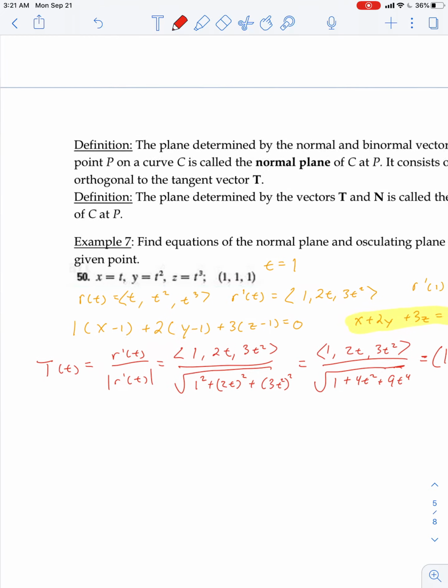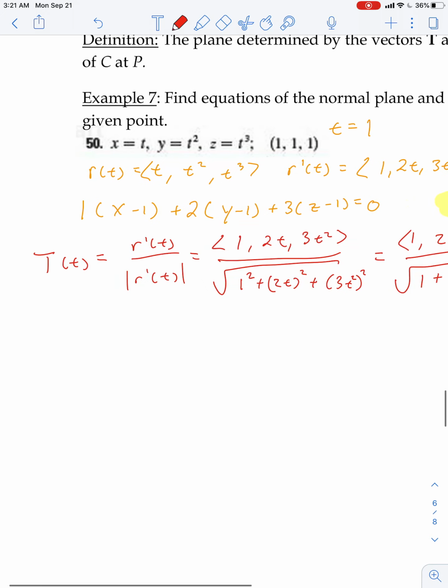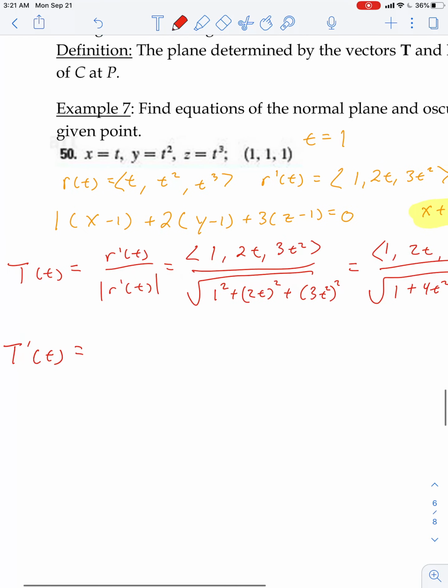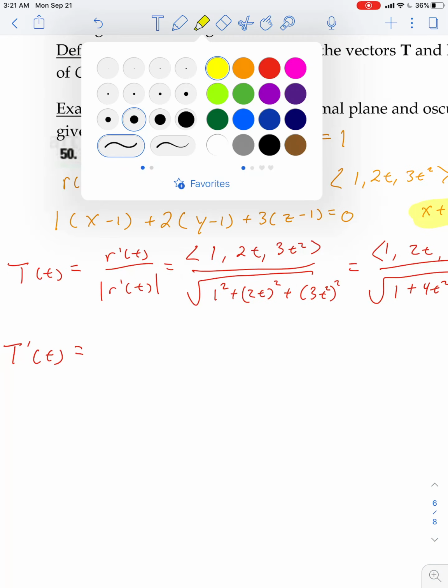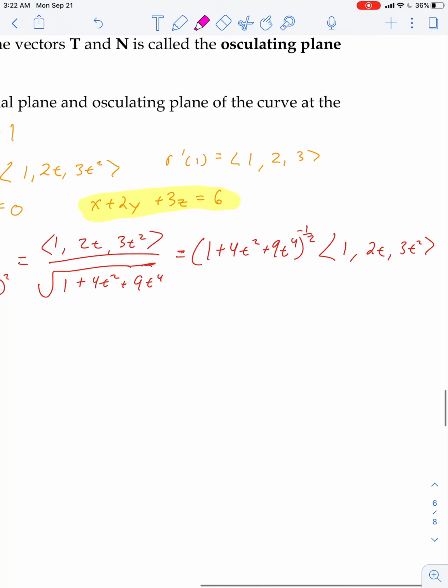Now, in order to get the normal vector, I need to take the derivative of this, the derivative of T of t, the unit tangent.